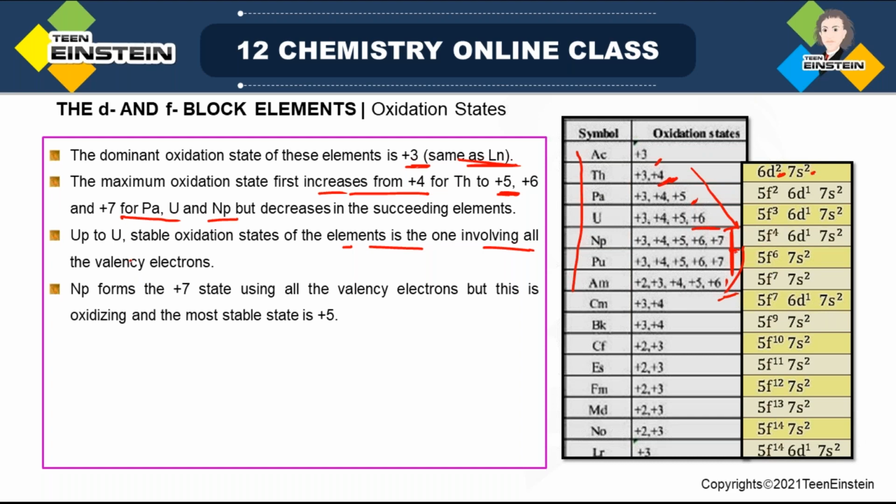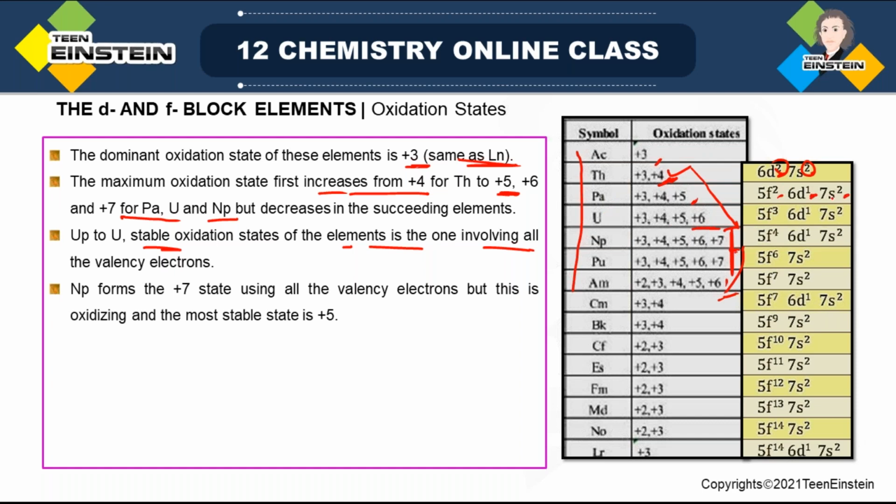And what is mentioned in this third statement, that up to uranium, that oxidation state is stable which is involving all the valence electrons. So all these 2 and 4 electrons are removed. That means this oxidation state is more stable. Similarly, when it is the third one, Pa, now 2, 1, and 2, that means 5 electrons.